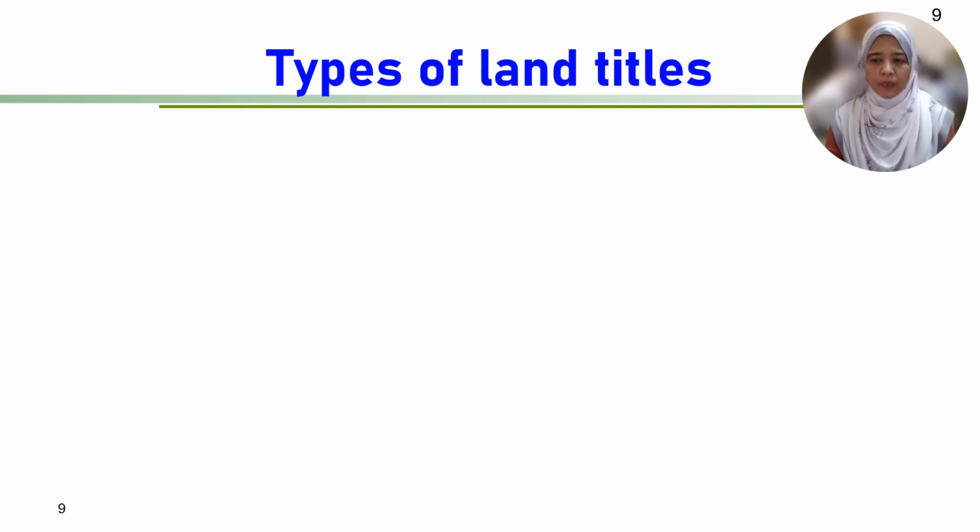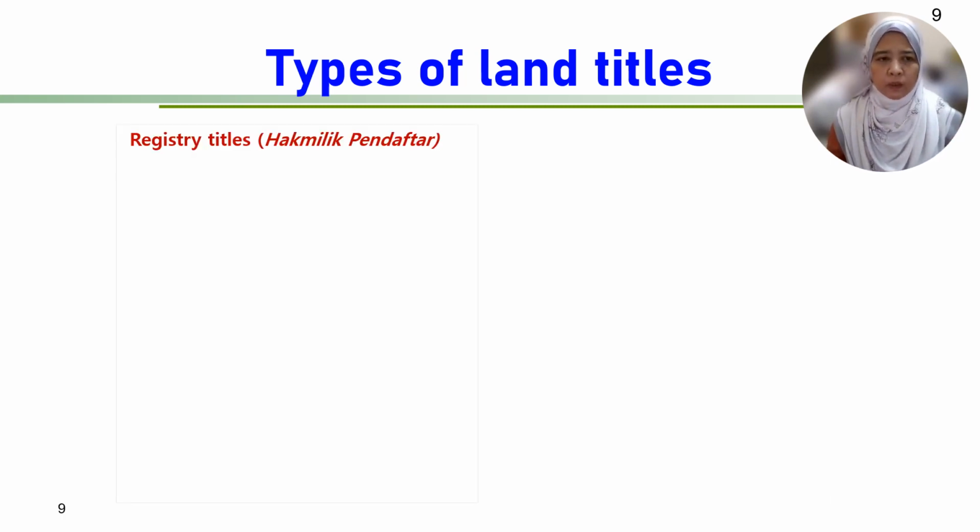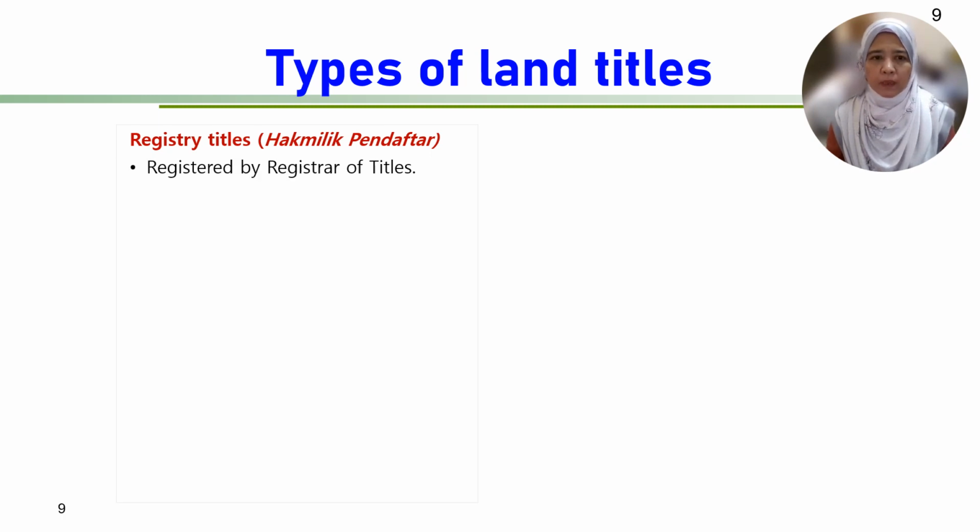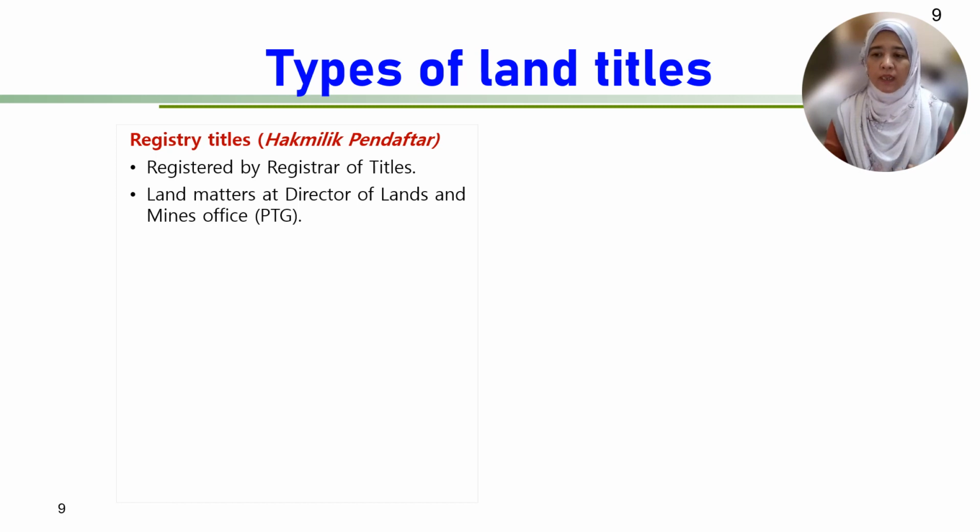Now, regarding types of land titles, there are two basic types of land titles. So we have the registry titles and then we have the land office titles. Now, the first type, which is the registry titles ataupun hak milik pendaftar, okay, the registry titles are registered by the registrar of titles, and all land matters, for instance subdivision, conversion, title search, that is to be done at the Director of Lands and Mines Office at the PTG, and there's one PTG per state.